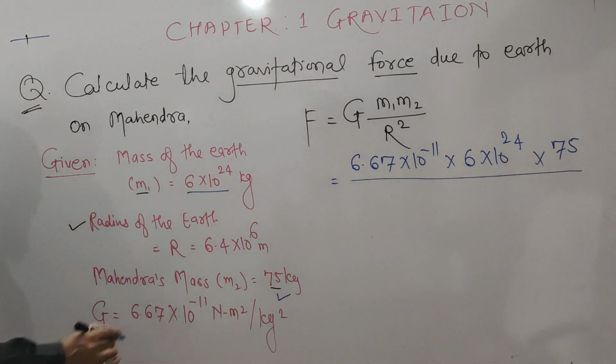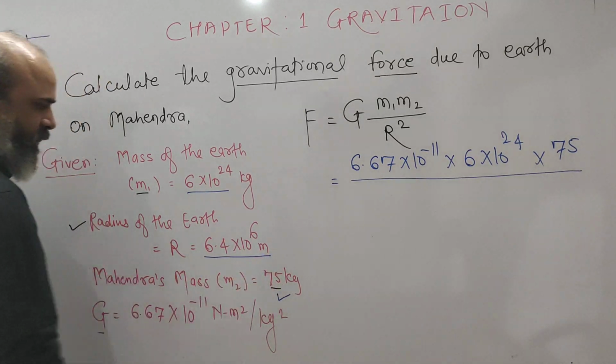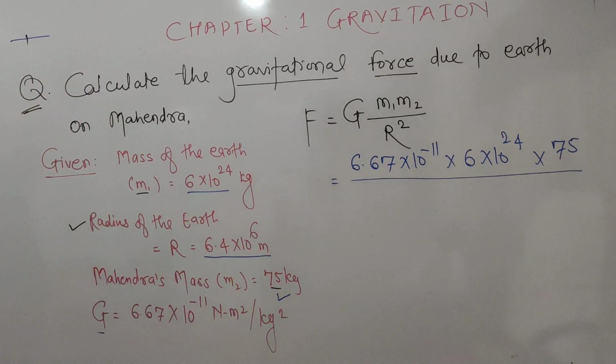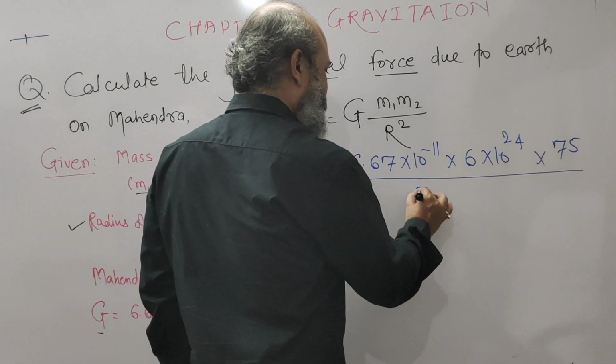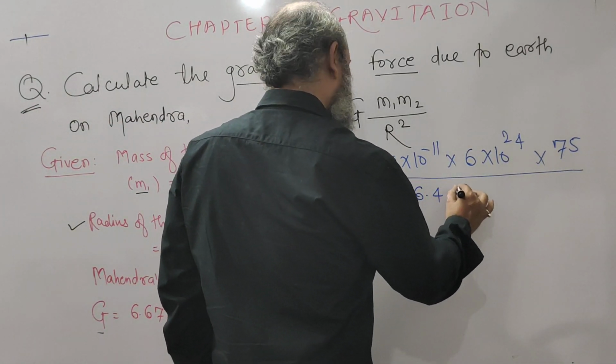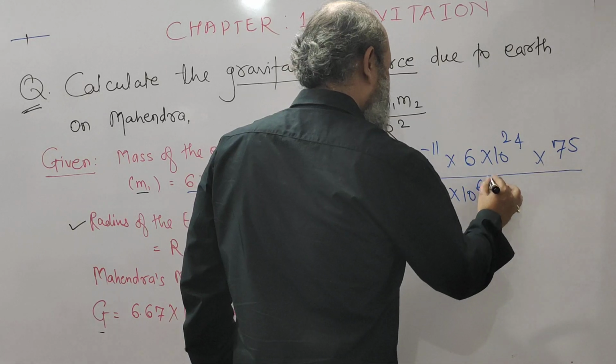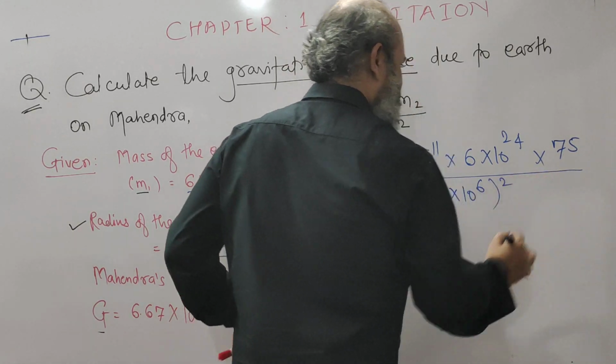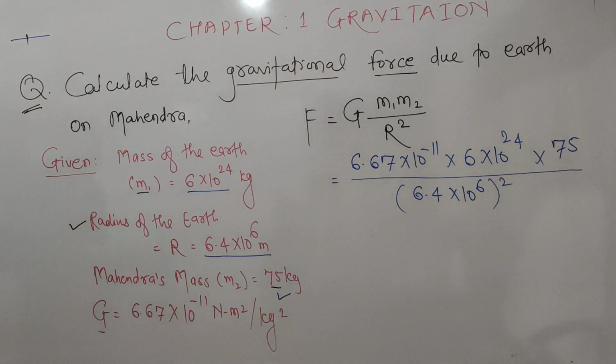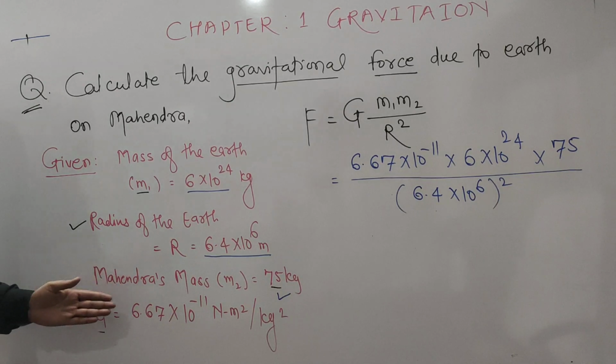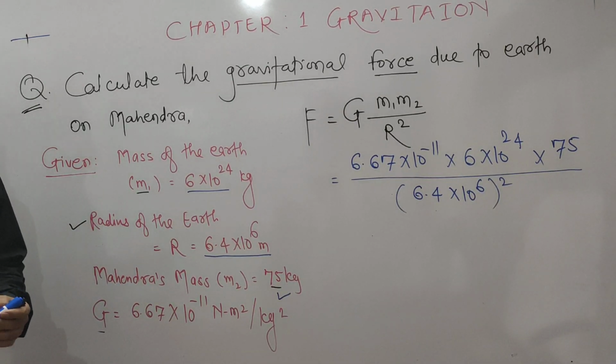What is r? R is 6.4 into 10 raised to 6, so here 6.4 into 10 to the power 6, the whole square. Clear student? So we have just put the values of m1, m2, r and G in the formula.